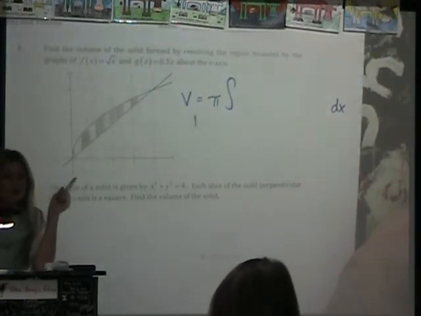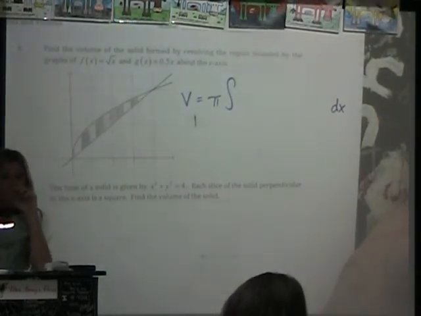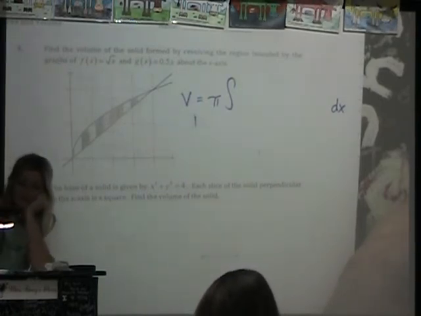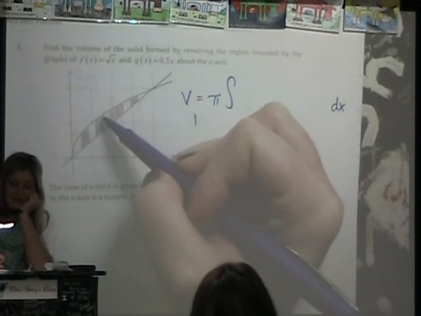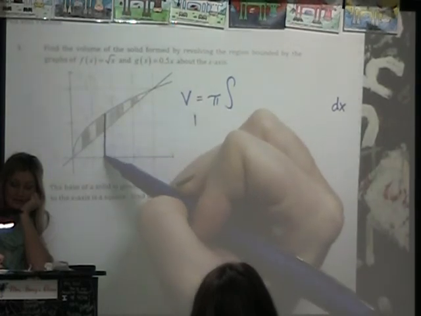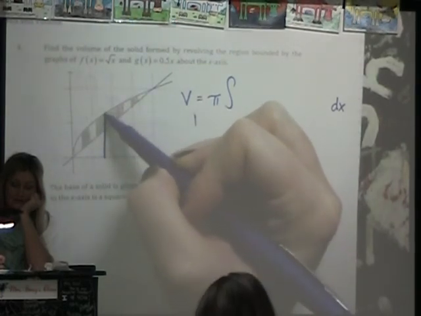So we're going to do whole minus whole. Entire radius minus the radius of the hole. So which value would be representative of the entire radius?